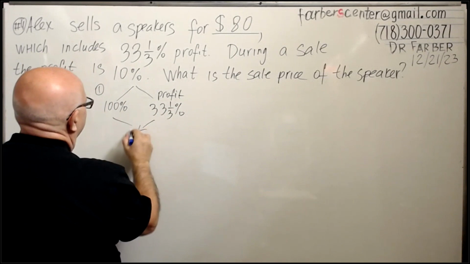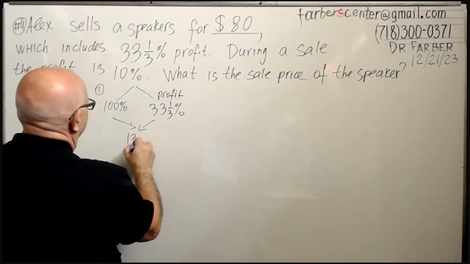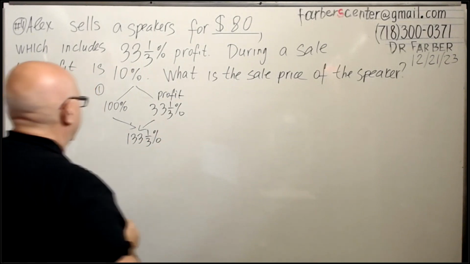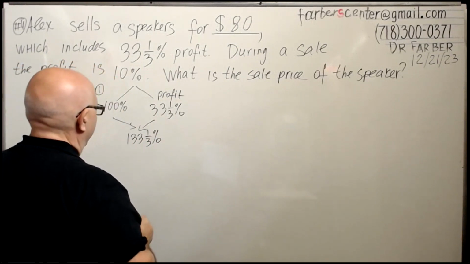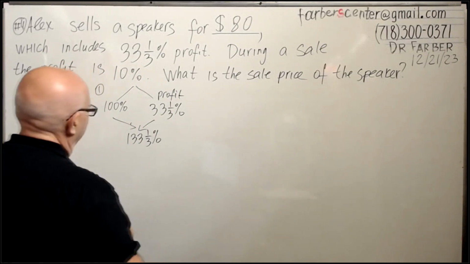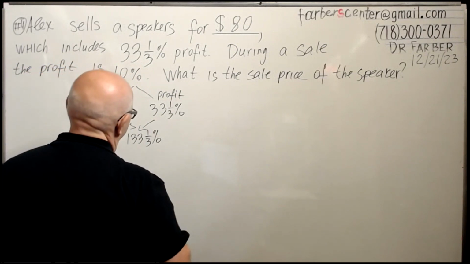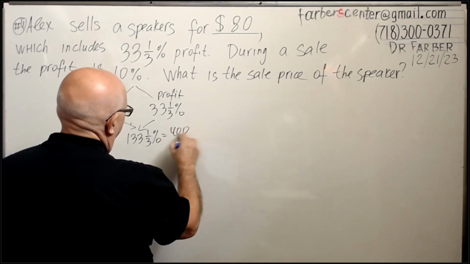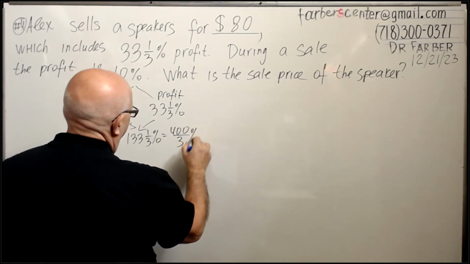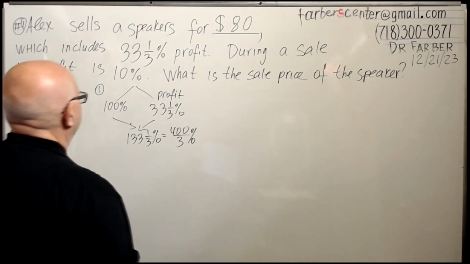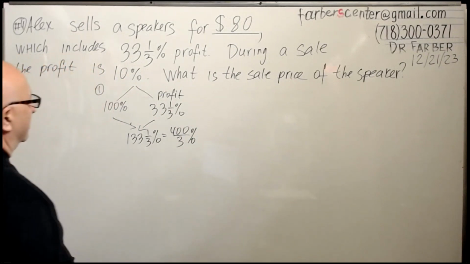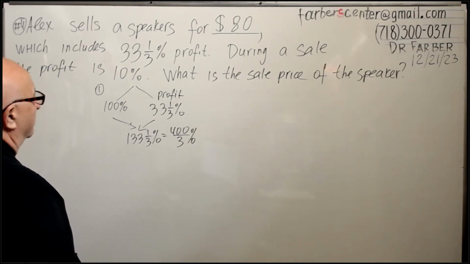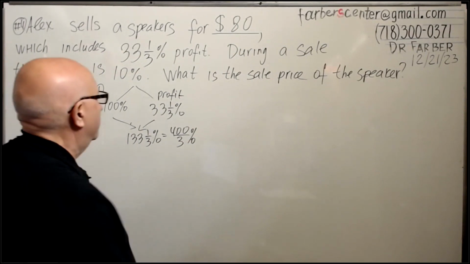So he is selling this for 133 and 1/3%, which is 399 plus 1, 400/3. That's what the item included, this amount.